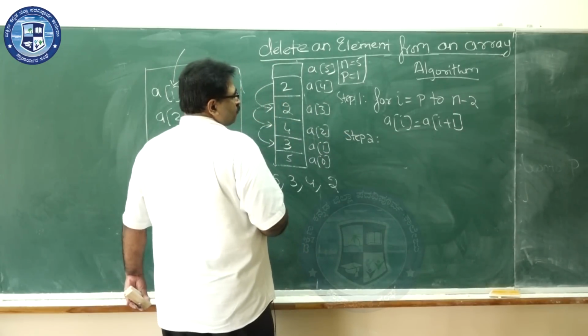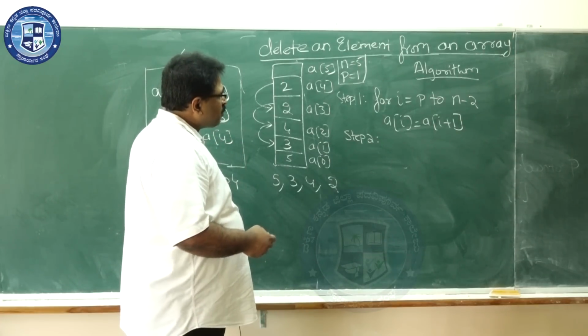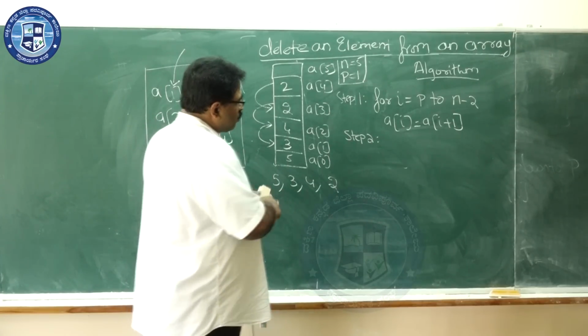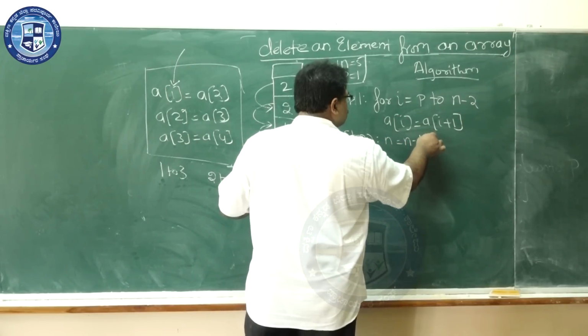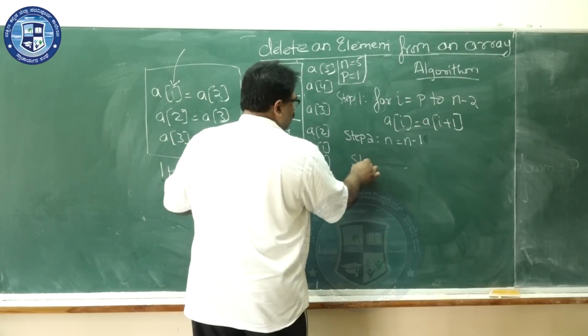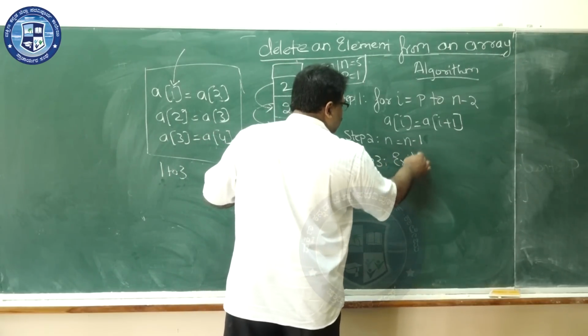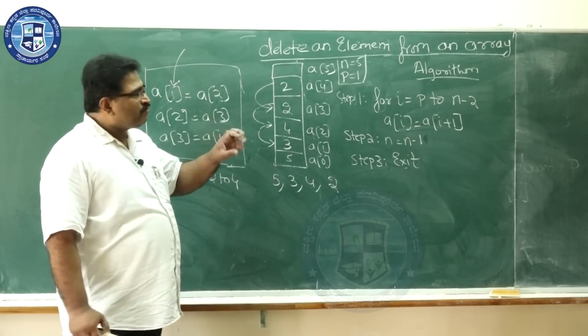Step 2. Now, step 2 can be n is equals to n minus 1. And step 3 can be exit. Now please understand, this is one way of writing it down.